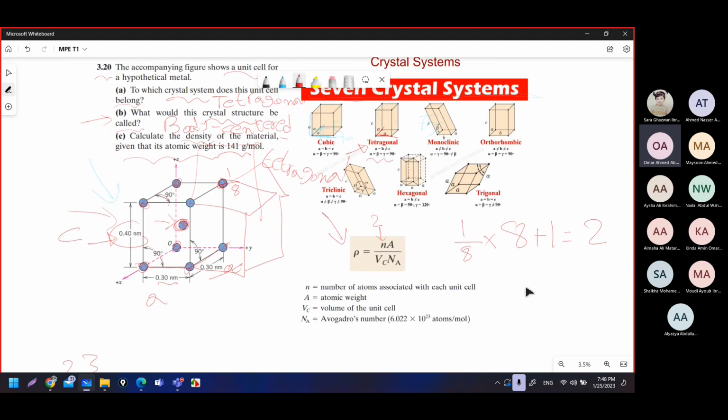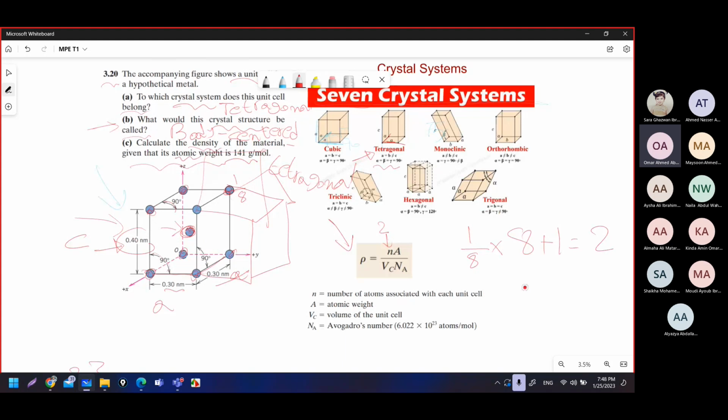So it is similar to body centered cube, but this one is called body centered tetragonal. You will have 2 atoms, and the atomic weight is given, and for VC, we know that VC is equal to a cubed if it is a cube only. But here I can find a times c, not necessarily a cubed.